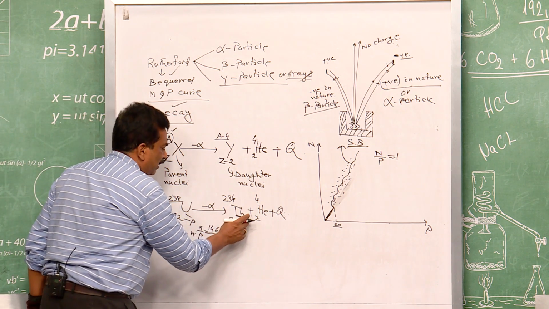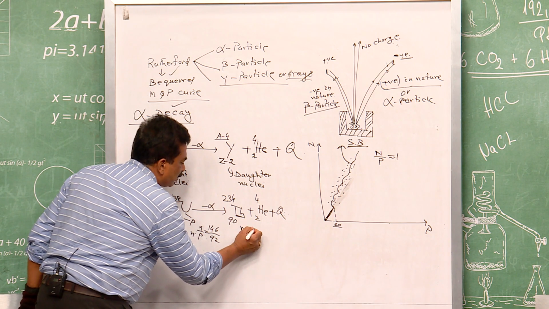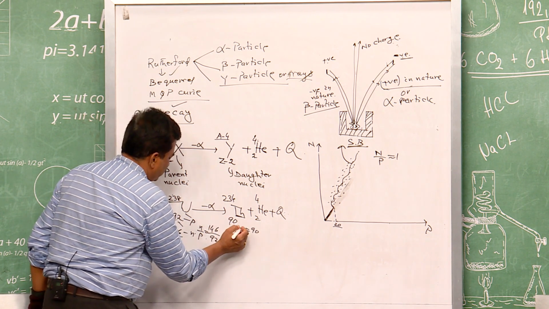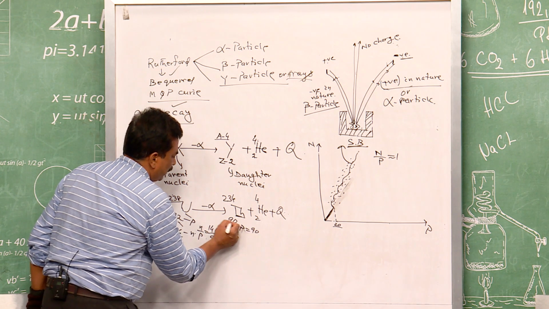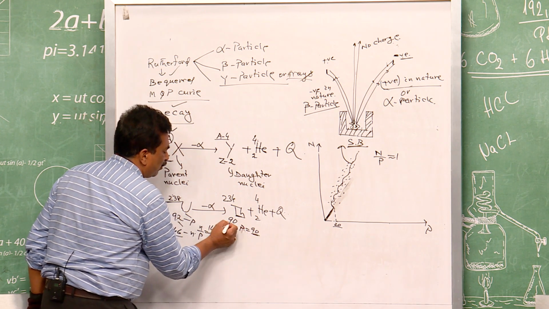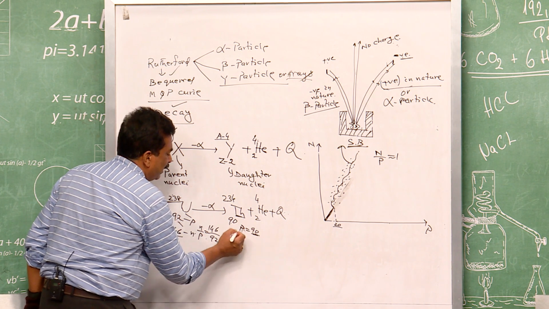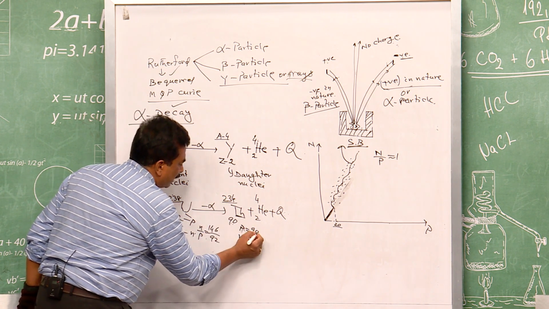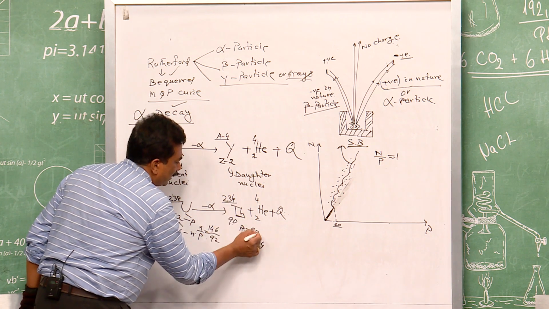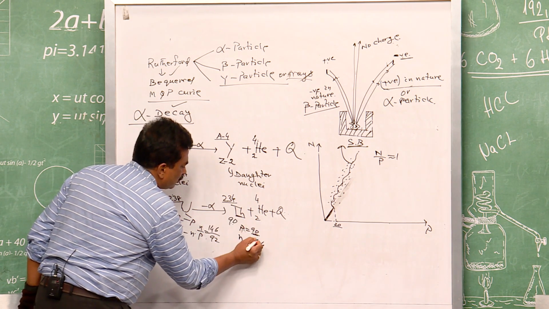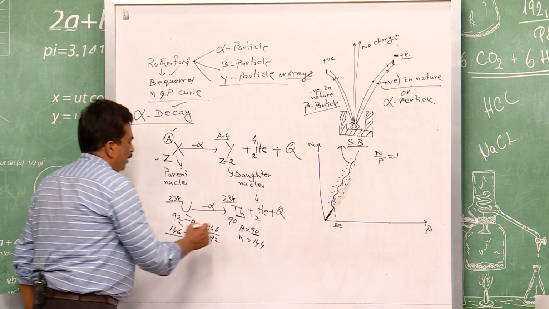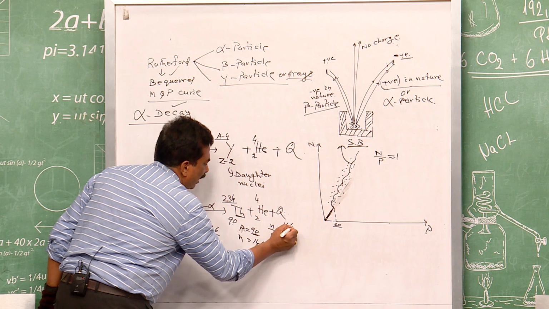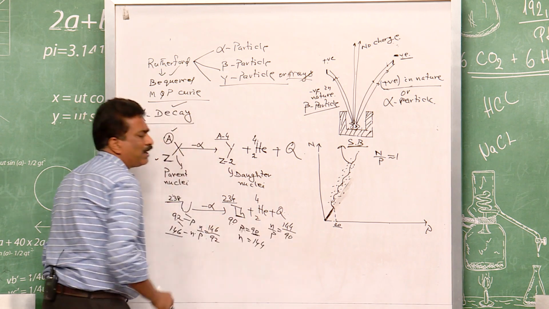For the daughter nucleus, p is equal to 90, that is Z, the protons. Then what will n be? 234 minus 90, which is equal to 144. So this n by p is equal to 144 by 90.